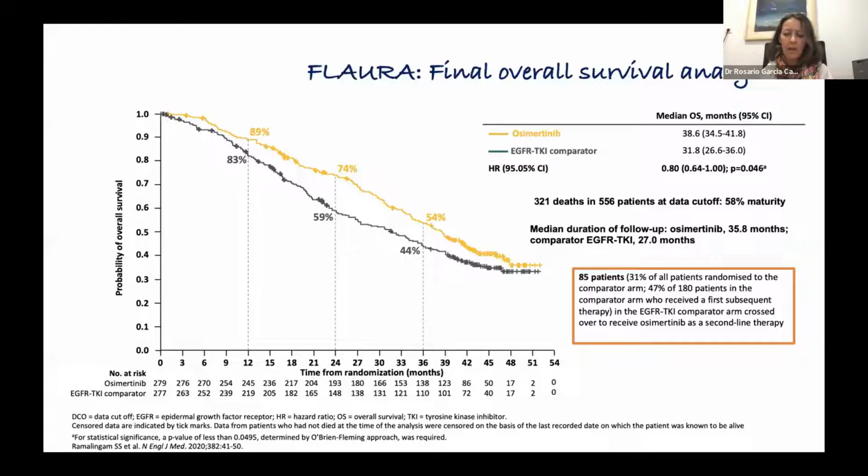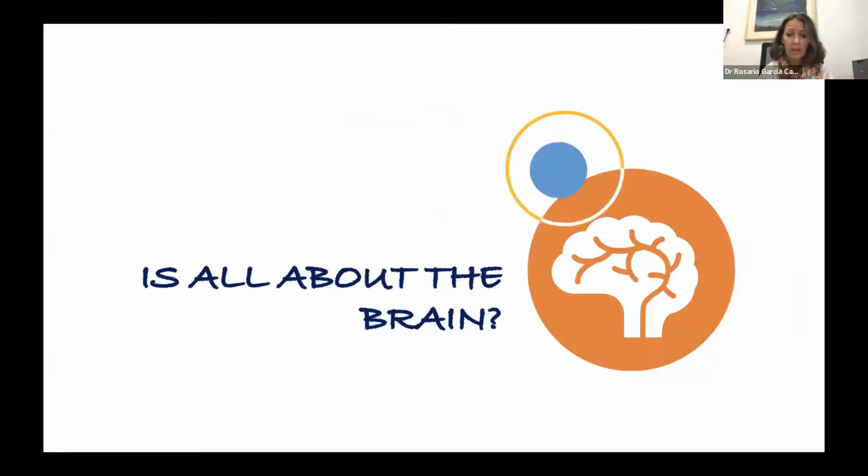We can see significant differences in terms of overall survival, favoring the use of Osimertinib compared to EGFR tyrosine kinase inhibitor first generation. As I mentioned, most of the patients receive gefitinib. And here again, the situation for the different subgroups of patients.